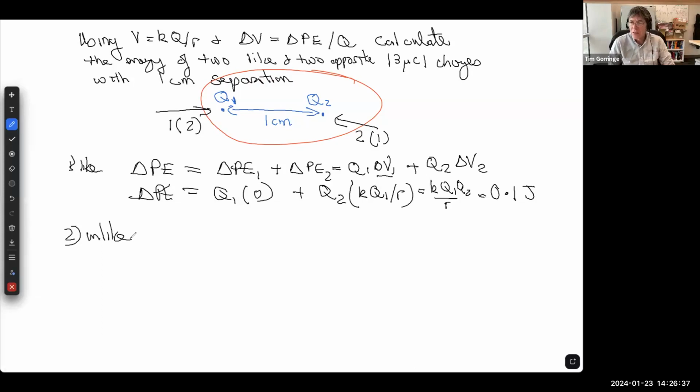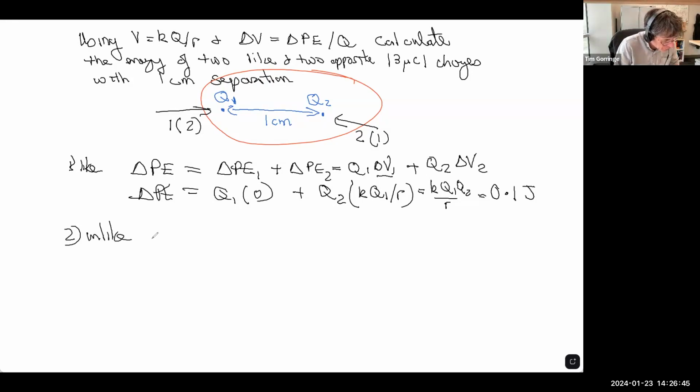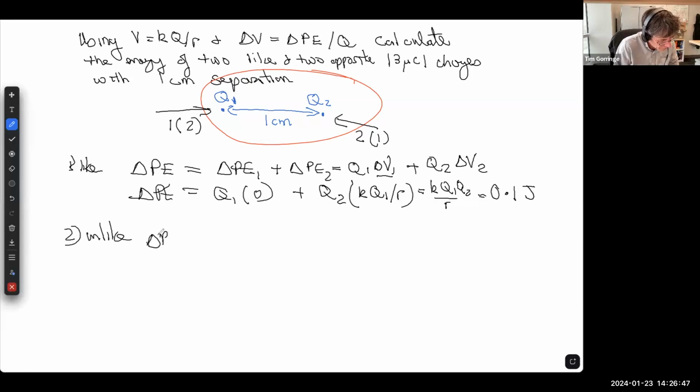Well, it's the same idea: we're going to imagine assembling the arrangement of unlike charges, and we're going to keep track of, add up, the changes in electrical energy. So calculate the total change in electrical energy as I bring in the first charge. So there'll be a change in potential energy.